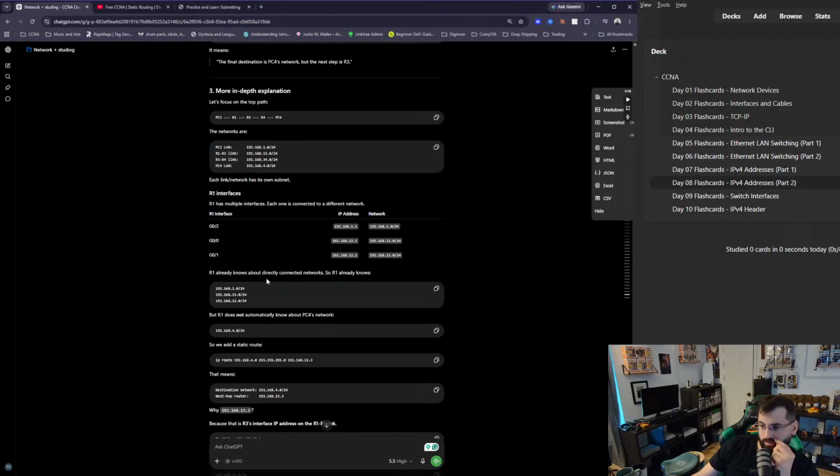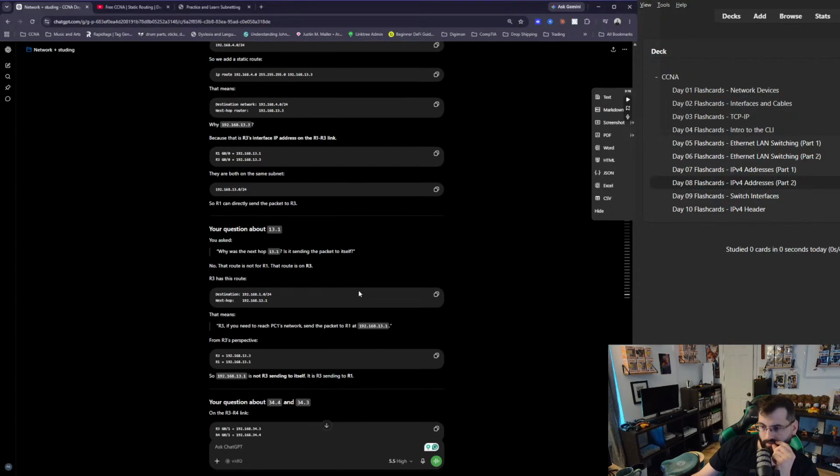R1 already knows about directly connected networks. Is it sending the packet to itself? No, that route is not for R1. That route is for R3. R3 has this route. Destination is this, and then the next hop is 13.1.